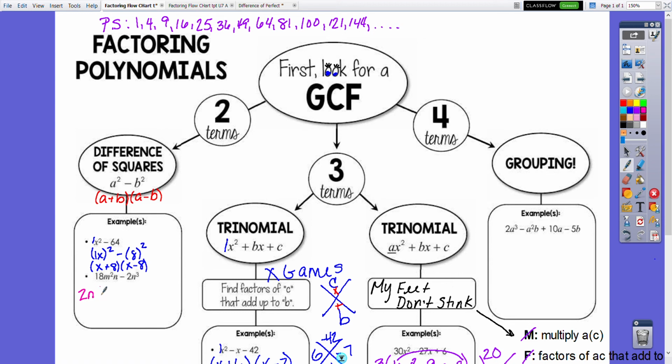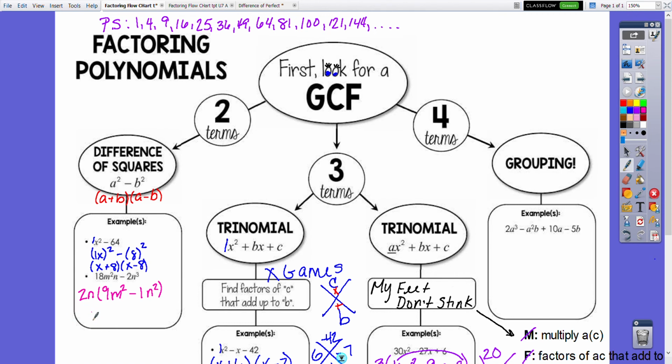What am I left with after I divide everything by 2n? 18 divided by 2 is 9. I had m squared. I still have m squared. I had an n and I took it out. Do I have anything left in here? No. Minus 2 divided by 2 is 1. N cubed divided by n. So I had 3 n's. I took 1 out. So I have n squared.